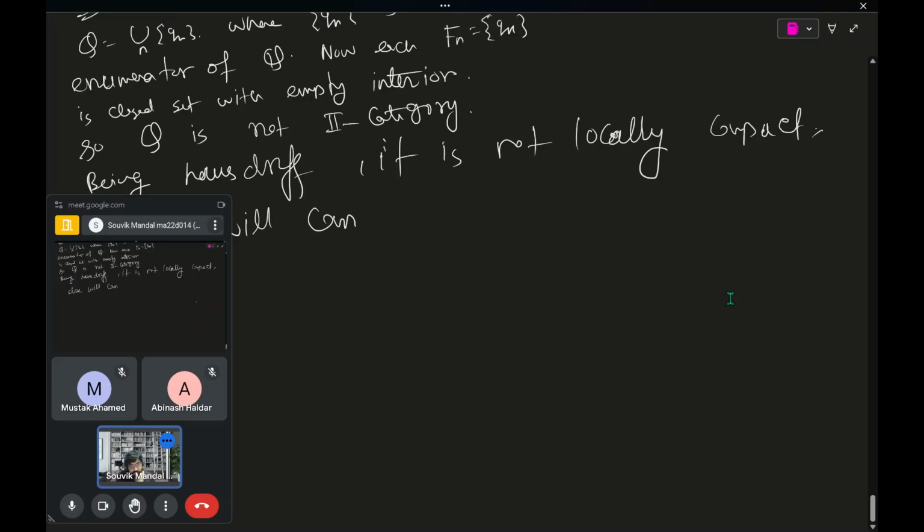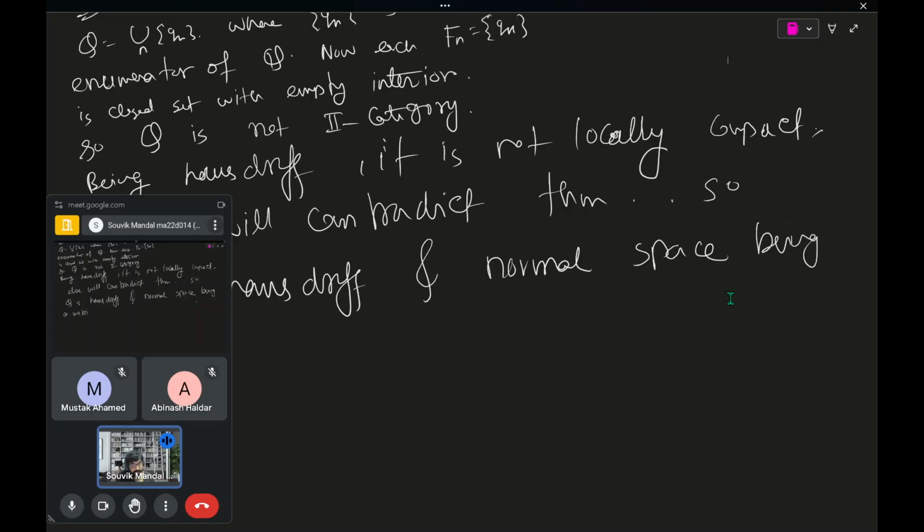So Q is Hausdorff and a normal space, being a metric space. Okay.